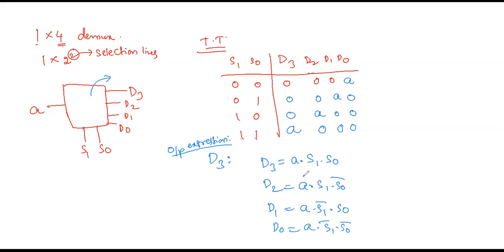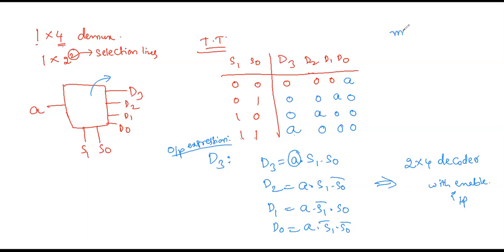You can check it is similar to a 2x4 decoder with enable input, where A will be replaced with enable. Okay, you can check that one and draw this circuit. This is about the demultiplexer.